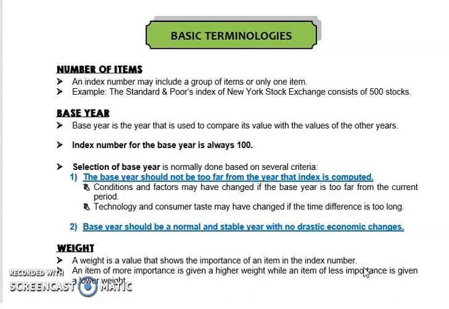Let's say you rate nasi ayam number 1, and then Sarawak laksa number 5. So it means that food that is more important to you, you will give higher weight, and less important, you will give lower weight. So that is the concept of weight.